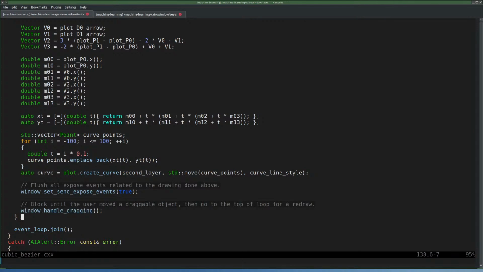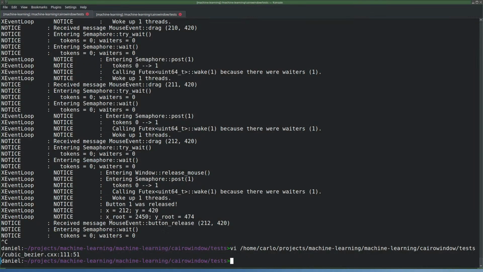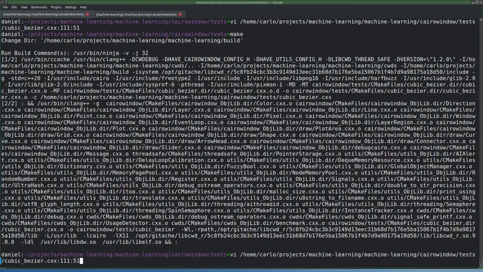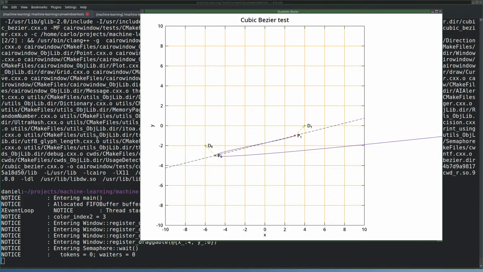Still a very rudimentary curve at the moment, which is just straight lines from point to point. Maybe too short, let's see. That one is long enough.